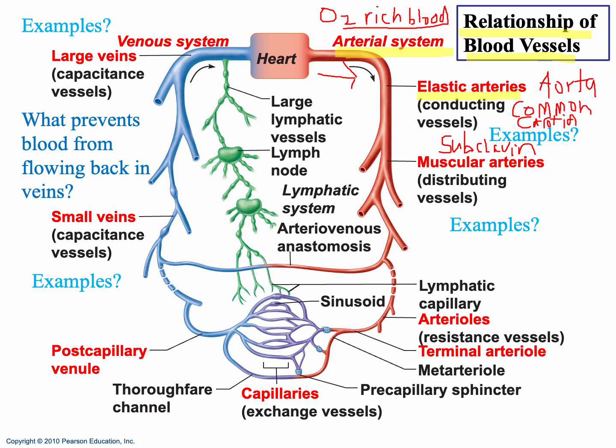Eventually, the blood is going to get to even smaller arteries, defined as muscular arteries. Typically, these are arteries delivering oxygen-rich blood to various organs, usually found in association with the digestive system or urinary system.